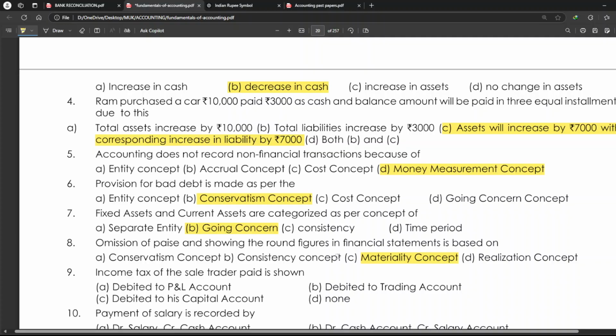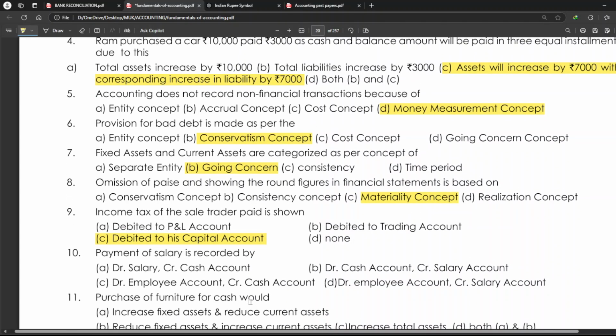Now when we pay, our owner's equity is reducing. So it is debited to capital account. Income tax of the sole trader paid is shown debited to his capital account. Here we have paid, so we have lost, and so we debit the capital account.